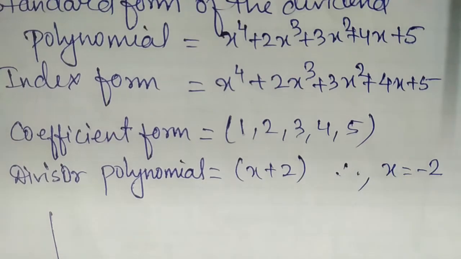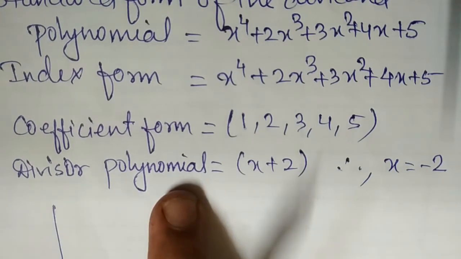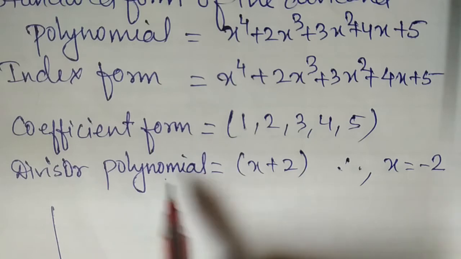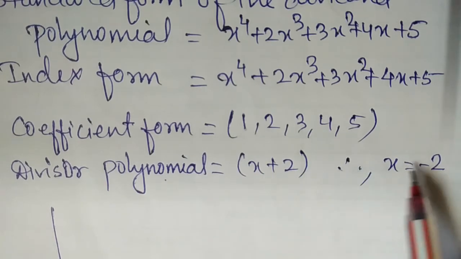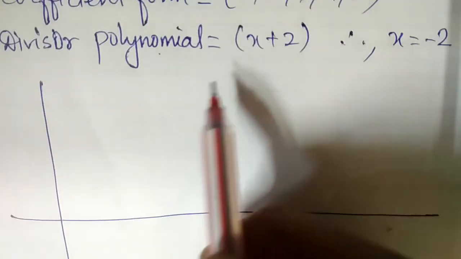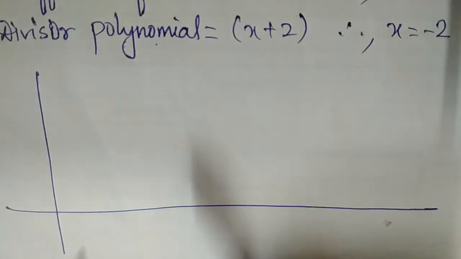So here first of all you will write the divisor polynomial, x plus 2. So x plus 2 will be equal to 0, so x will be minus 2. So taking that as a divisor, we will start the synthetic division method.